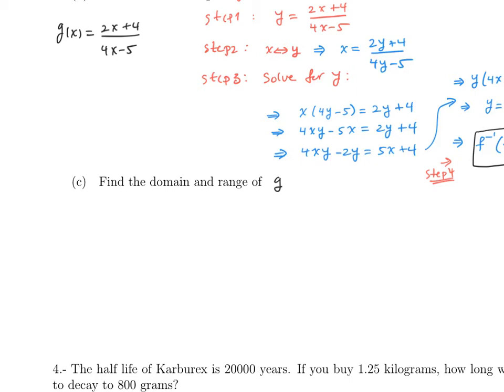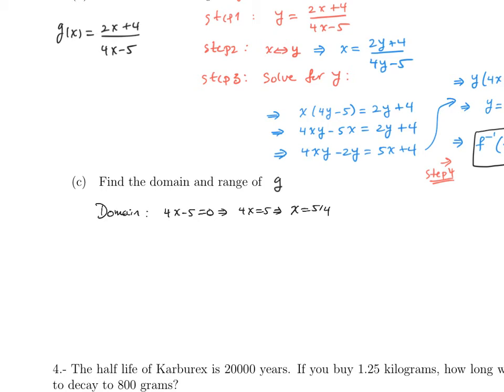So G is missing. So remember, G equals this. The domain will only have an issue if you divide by 0. So therefore, for the domain, 4x minus 5 equals 0. That means that 4x equals 5, or x equals 5 over 4.